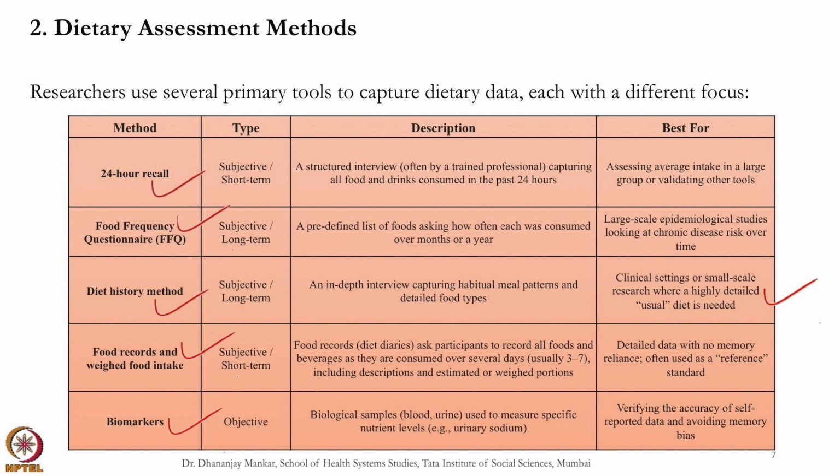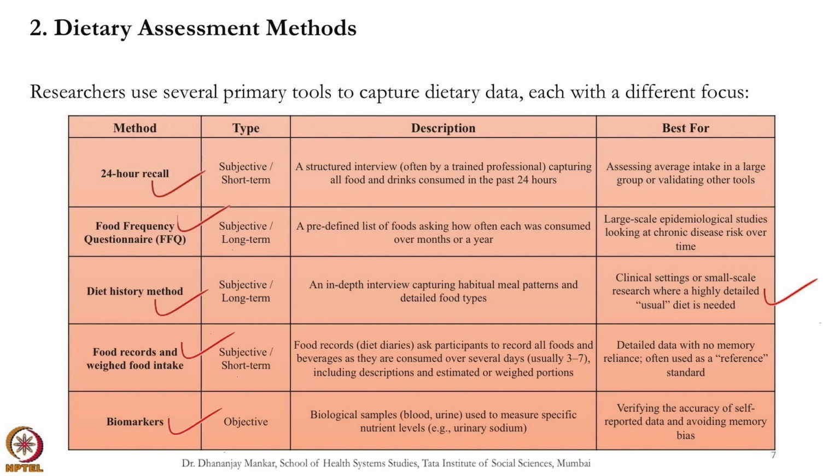Biomarkers are seen as a recent advance and a very important objective type of study. Biological samples, that is blood, urine and others, are used to measure specific nutrient levels, for example urinary sodium. What is it best used for?